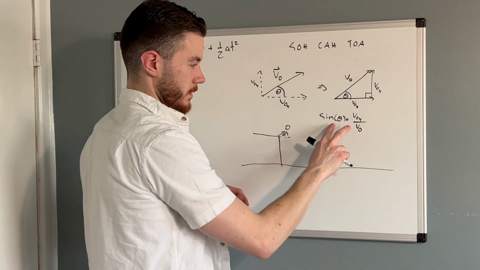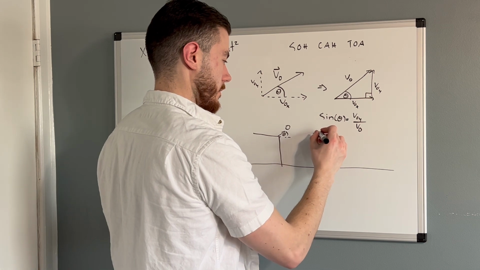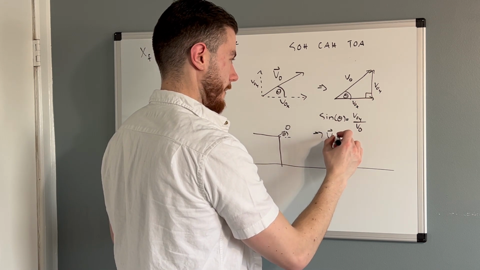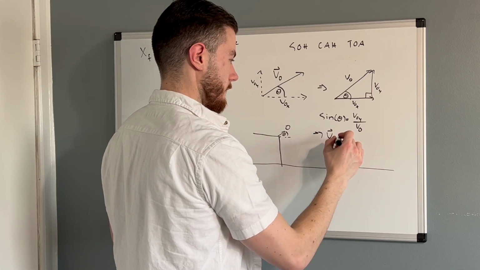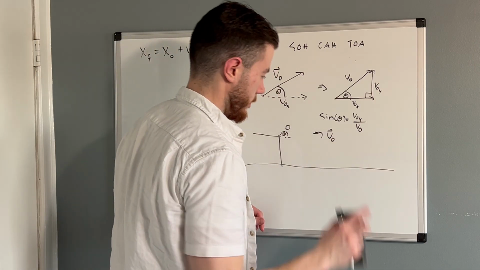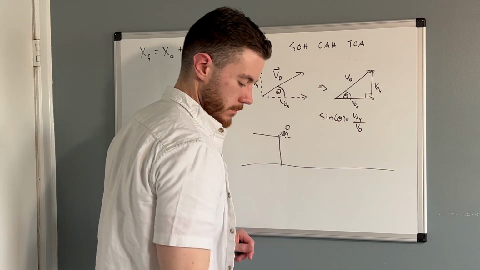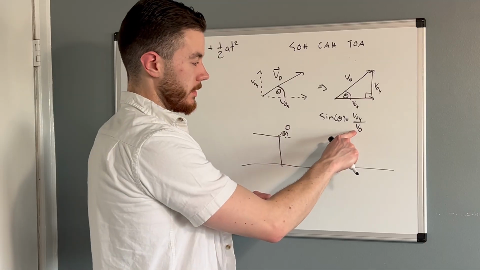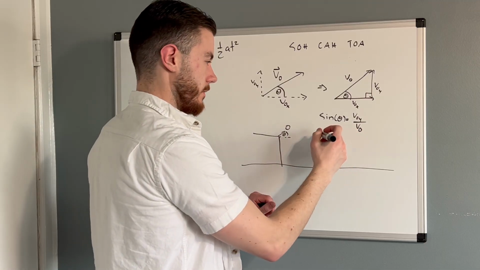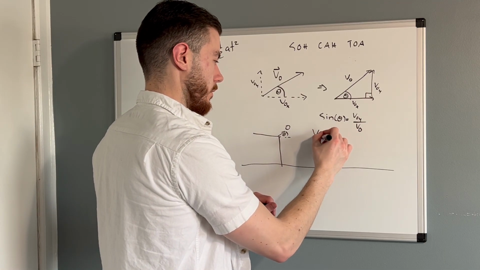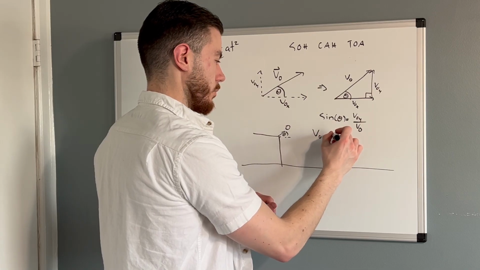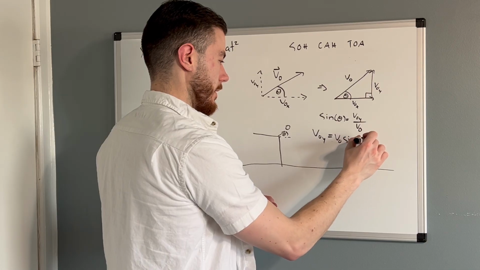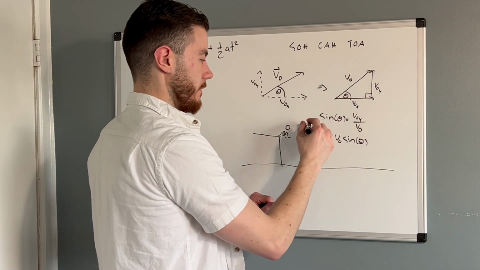Let's multiply both sides by v naught and solve for the y component, equal to the vector times sine of that angle.